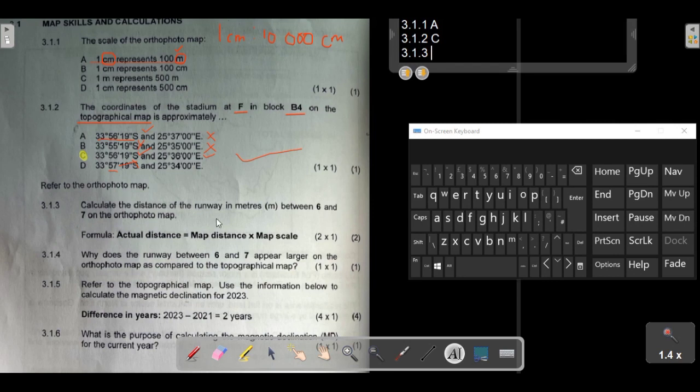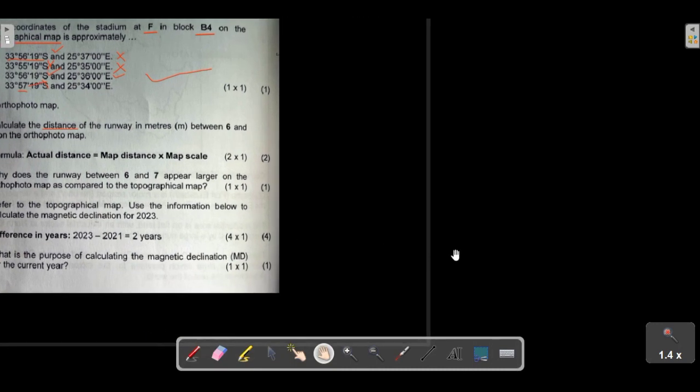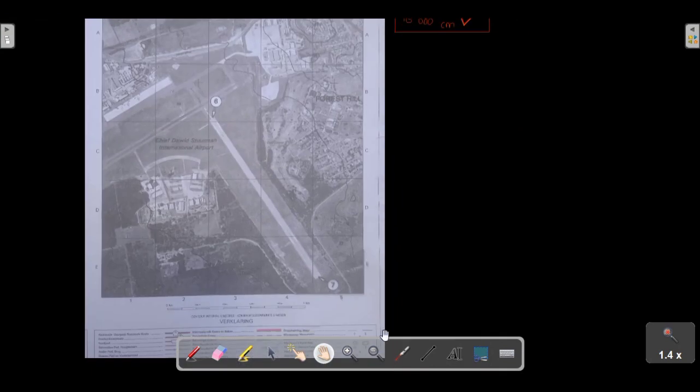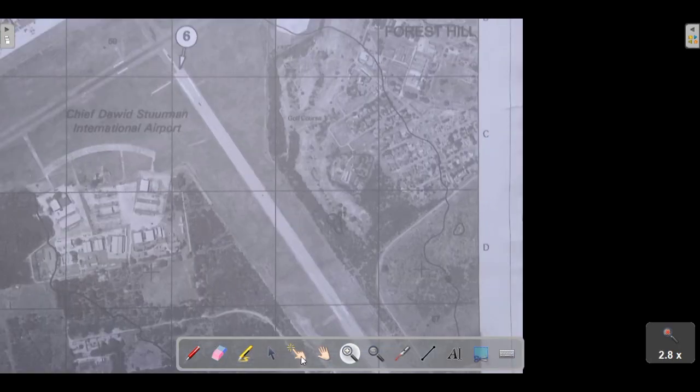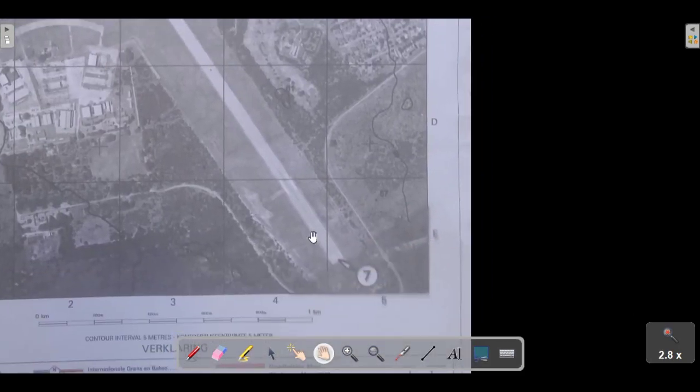Calculate the distance of the runway in meters. So the distance of the runway in meters between number 6 and number 7 on the orthophoto map.